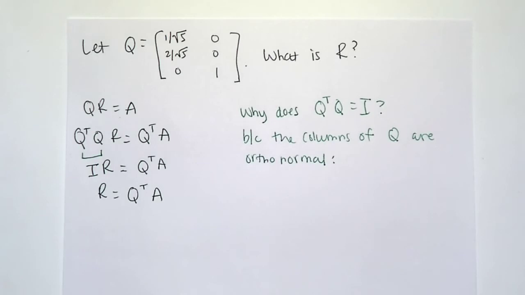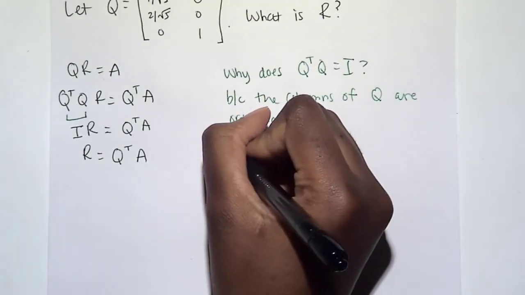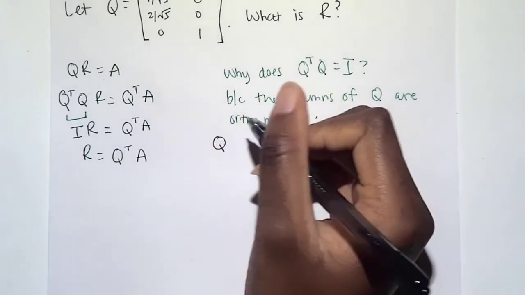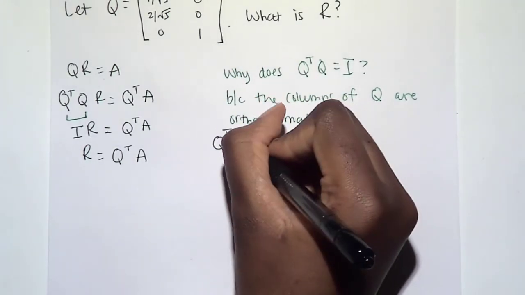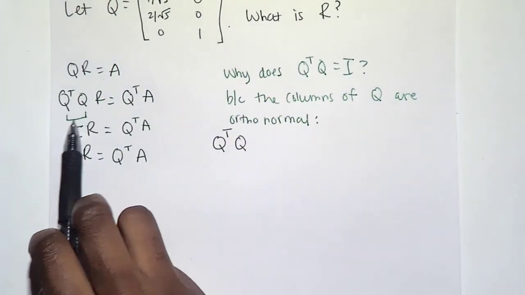Let's actually do it so you can see and believe me that it worked this time. If you take Q, which we have up here, transpose it and multiply it by Q, just like what we have here.